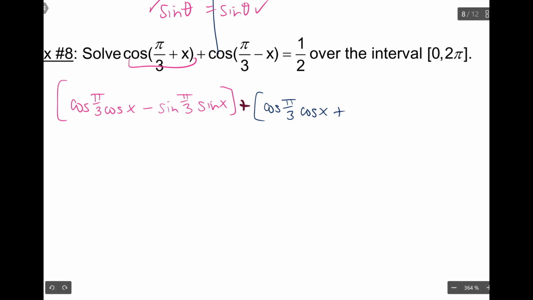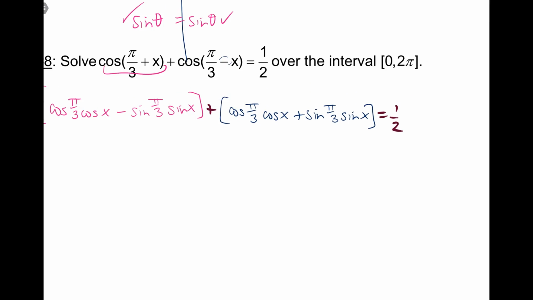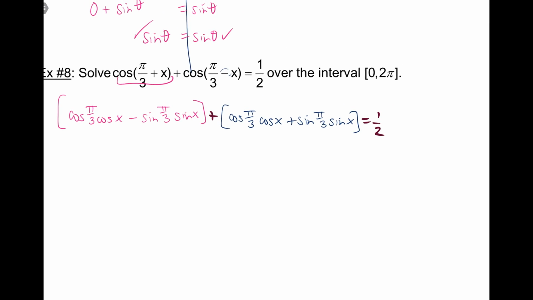This is a minus, so it would be plus sine pi over 3 sine x. And this is going to equal 1/2. Let's figure out what cosine and sine of pi over 3 are so we can plug in, because this is a lot of numbers.